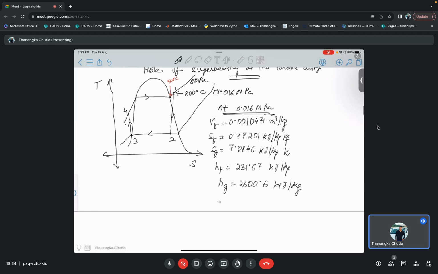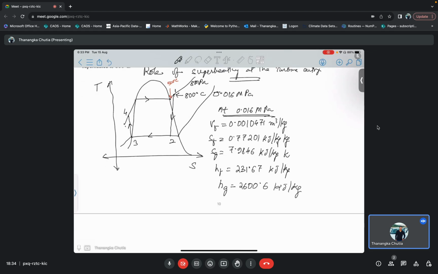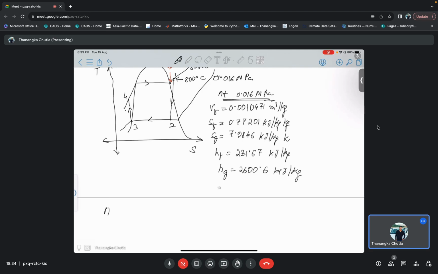So this will remain the same. We already know that T saturation at 8 megapascal is 295 degrees Celsius. Therefore, point 1 is superheated steam.